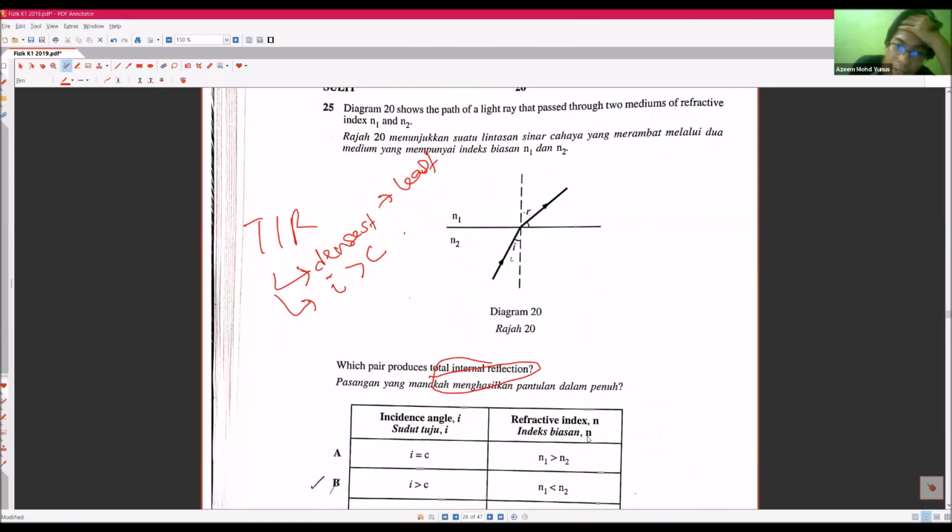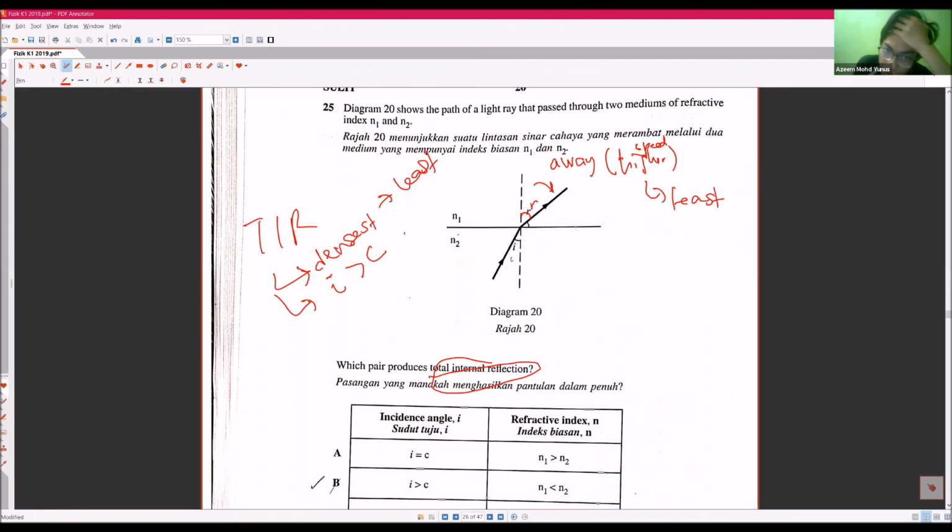So based on these two, M1 and M2, which of the mediums is the densest? Which one is the least? We see the angle here. Is the angle away from or towards the normal? In this case, the value of r is greater than i, that means it's away from normal. Away from normal means the speed is higher. Speed of light is higher in this region, that means it's least dense.